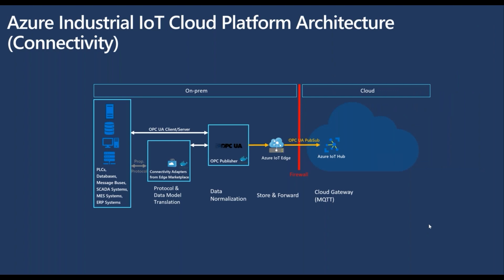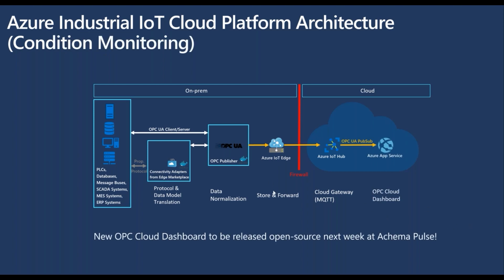So very quickly, what does a simple connectivity telemetry pipeline look like on Azure? Well, here it is. Like I mentioned, if your asset supports OPC UA out of the box, you can connect OPC Publisher, which is open source on GitHub, straight away. Otherwise, you need connectivity software from the Azure Marketplace.